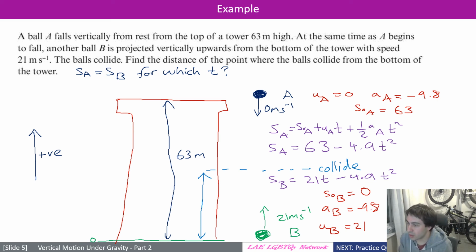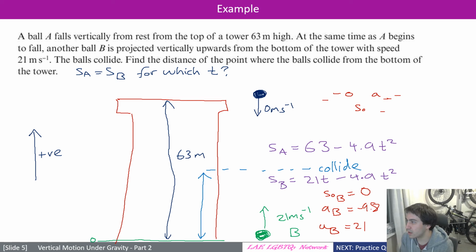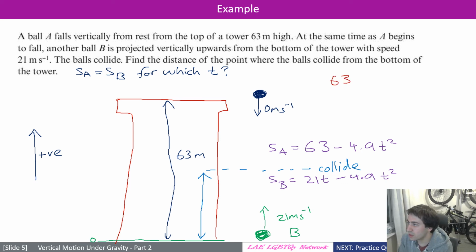So I'm going to just clear up a bit of working now, make some space, and just focus on the two equations that actually matter. So it's these two in purple. We're effectively just going to solve these. So we're going to equate them to each other, get a quadratic, and see what ends up happening. So we've got 63 minus 4.9 t squared equals 21t minus 4.9 t squared.